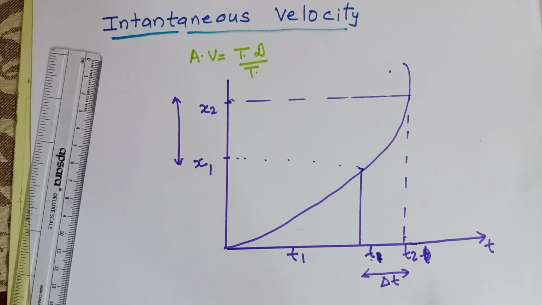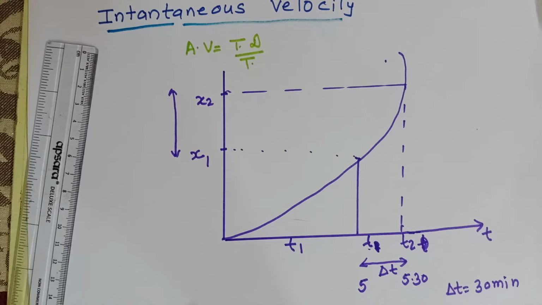If this time is 5 o'clock and this time is 5:30, then the time interval delta t will be 30 minutes, and 30 minutes is a very big gap.